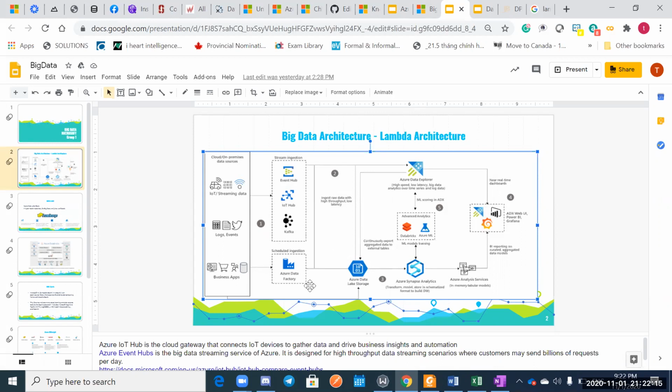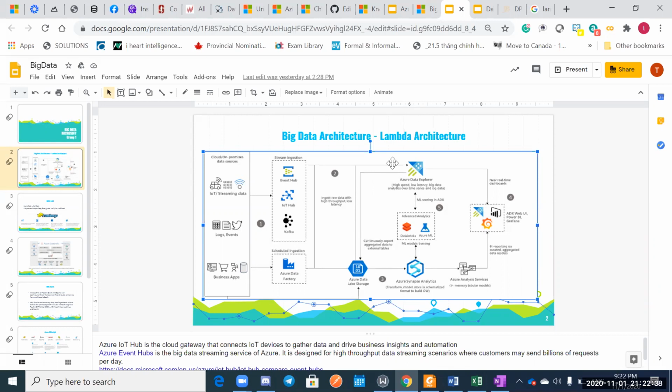So we have the extract path here, where the hot and cold paths extract the data from the devices or the on-premises storage, and then the load is where you load it into Azure Data Lake storage or some other type of storage. That's just one example; there are many options.